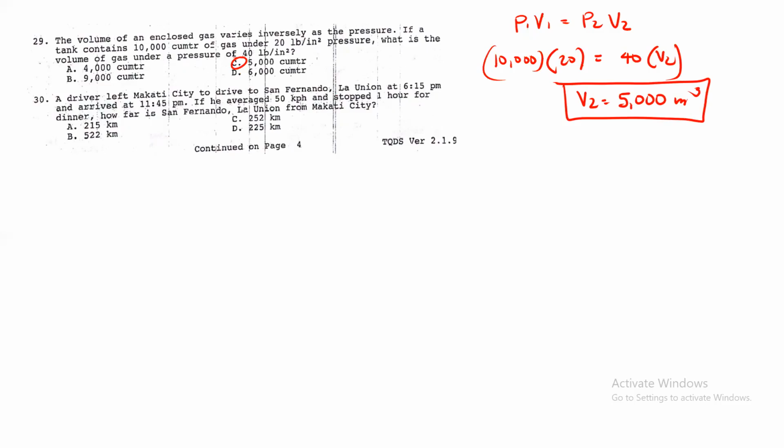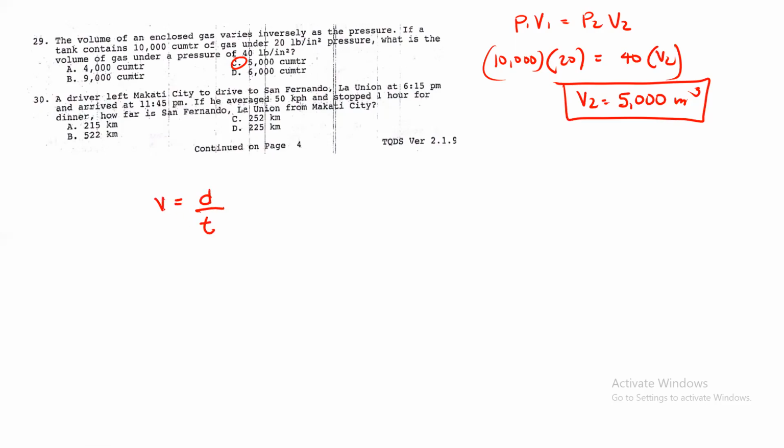The next, 30. A driver left Makati City to drive to San Fernando, La Union at 6:15 p.m. and arrived at 11:45 p.m. If he averaged 50 kph and stopped 1 hour for dinner, how far is San Fernando, La Union from Makati? This is easy, guys. Velocity is equal to distance over time.